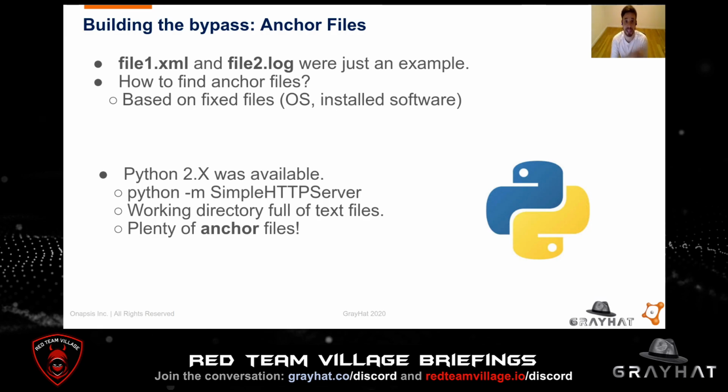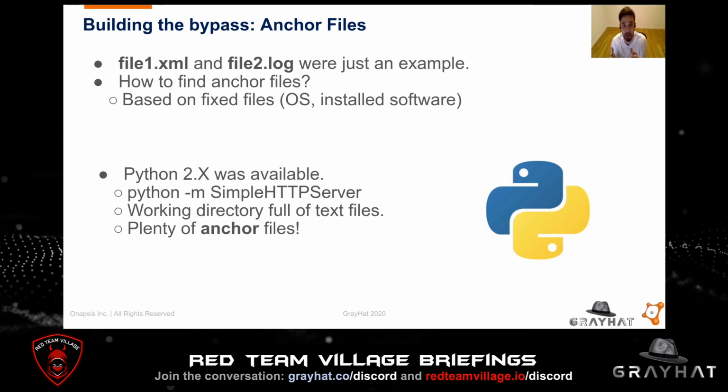Then we realized that we could execute Python in a vulnerable server. So what we did was set up an HTTP server by executing the module SimpleHTTPServer from Python, and we realized that the command was being executed in a particular working directory that was full of TXT files.